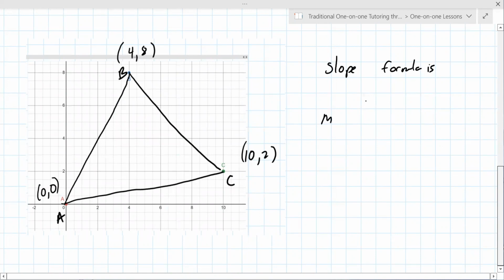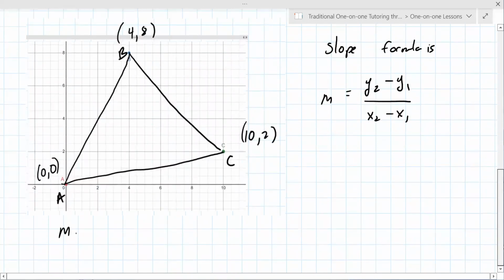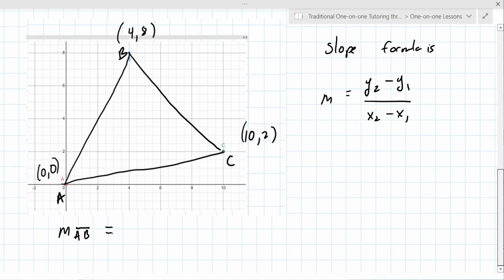Y2 minus Y1 over X2 minus X1. Yes. So I want you to find the slope from A to B. We'll do that one first. And I'd like you to calculate that for us, please.